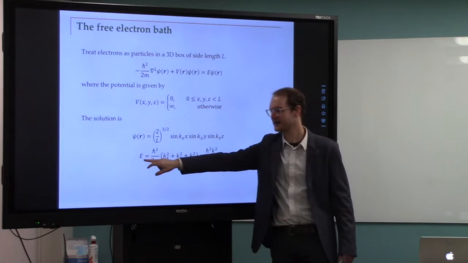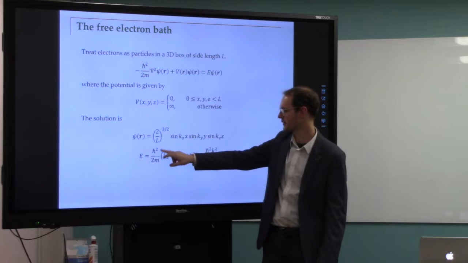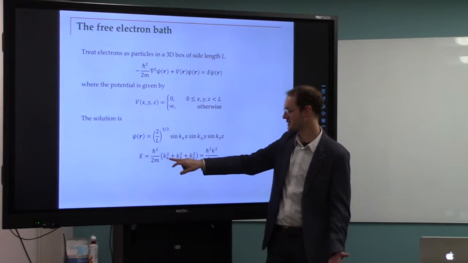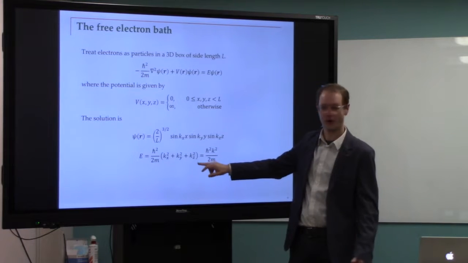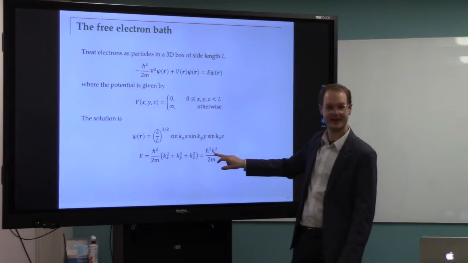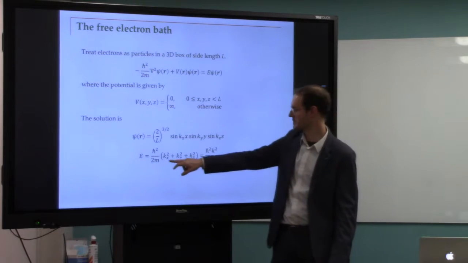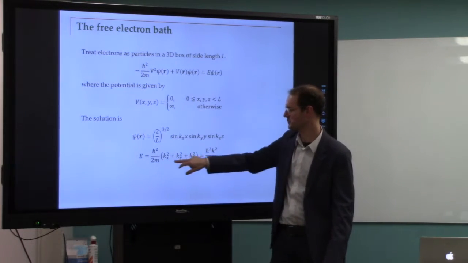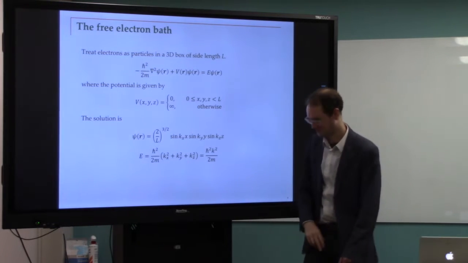And the eigenenergies of the states are going to be h bar squared over 2m times kx squared plus ky squared plus kz squared, or if you treat k as the vector sum of kx, ky, and kz, then instead of this expression in parentheses, that's just the total wave vector k squared.